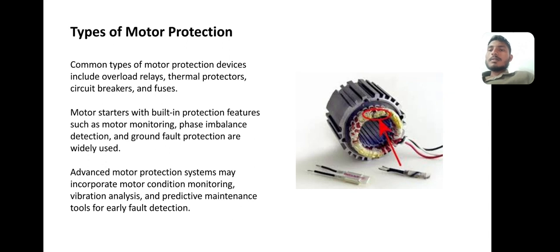Thermal protectors are used in the winding and operate when it exceeds the threshold limit. Circuit breakers and fuses operate when there is a short circuit.